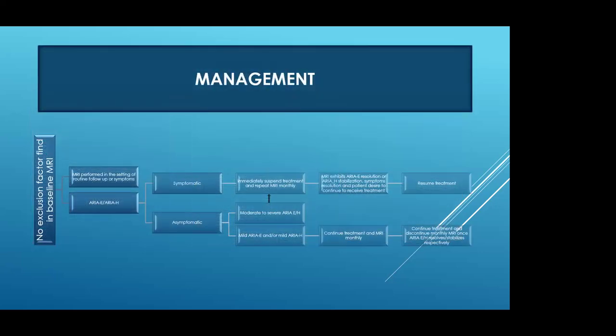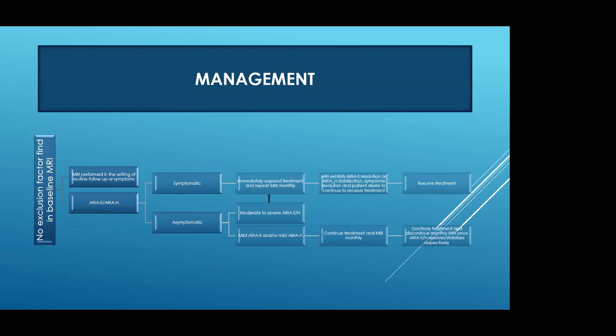The treatment management for these conditions can be summarized in the same way. You can perform an MRI, and if the MRI shows either ARIA-E or ARIA-H, but those patients are asymptomatic, then you should probably continue treatment with an MRI monthly, and depending on what that monthly MRI shows, you can definitely discuss with the patient whether they want to stay or not in the treatment.